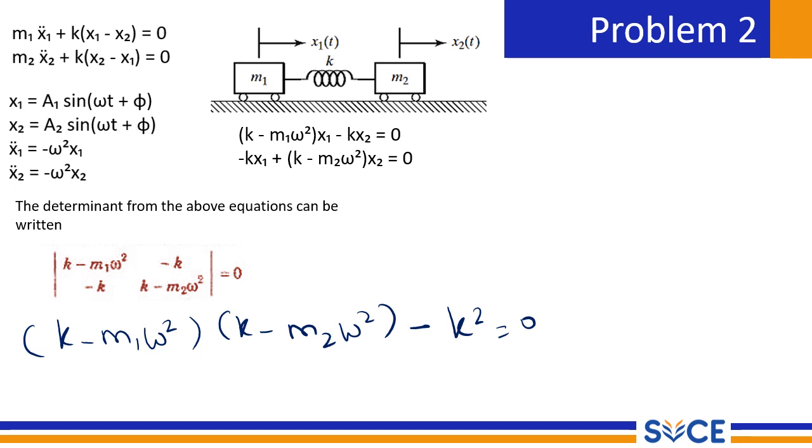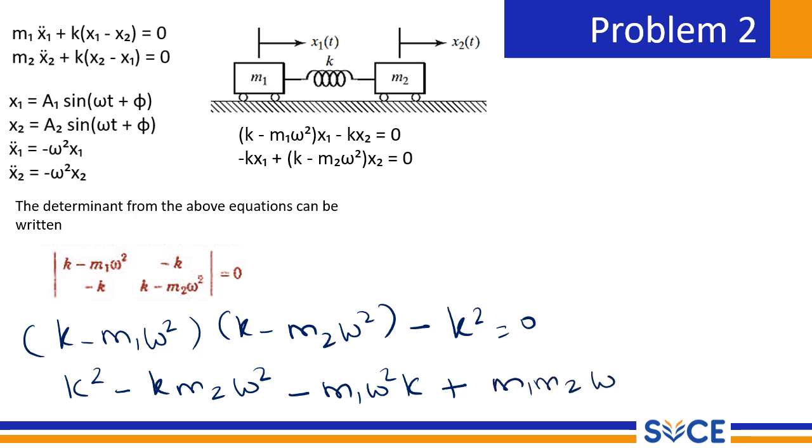Now I expand this. So it is k square minus k m2 omega square minus m1 omega square k plus m1 m2 omega to the power of 4 minus k square equal to 0. Hence this k square will get cancelled.